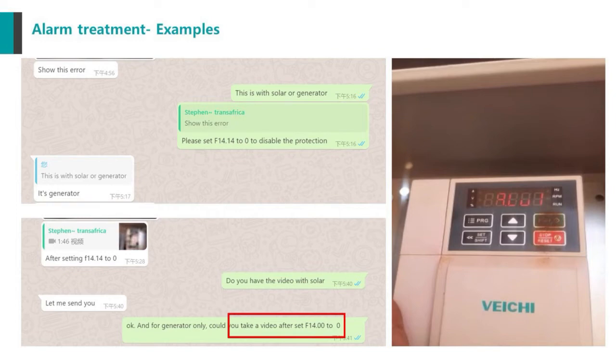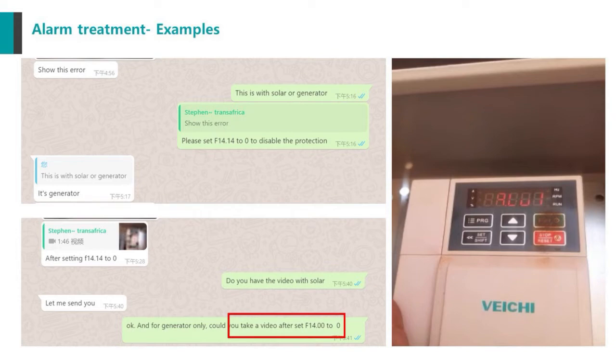As I said just now, for low voltage we should consider the input power first. So I asked him to set F14.00. F14.00 is a very important parameter, and in solar product debugging, this parameter could be used very frequently. The F14.00 could set VFD mode, CVT mode, and MPPT mode.